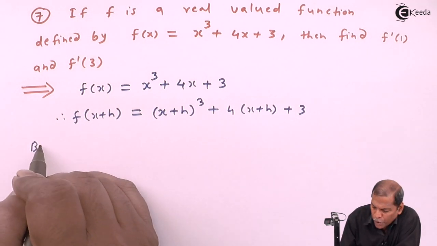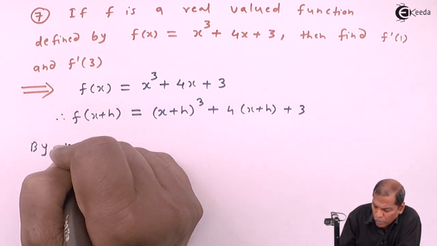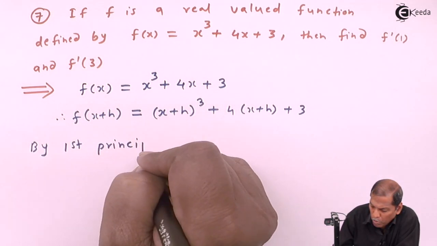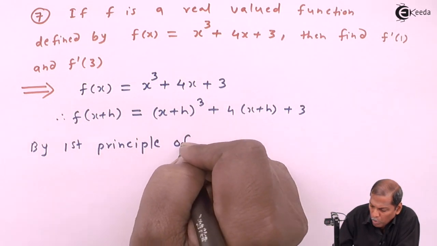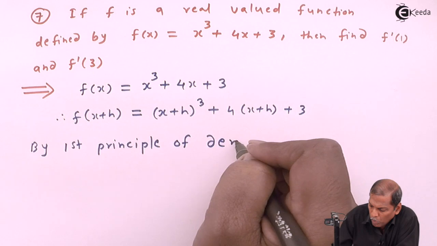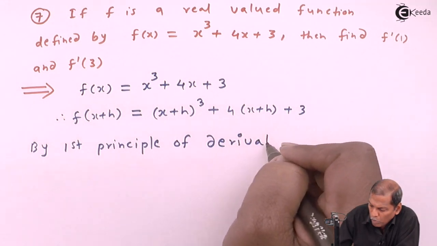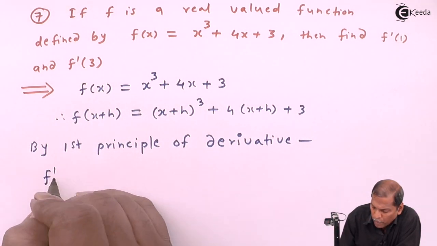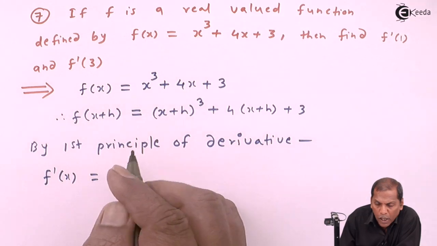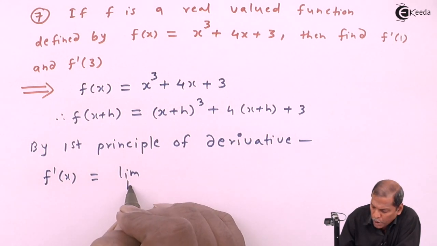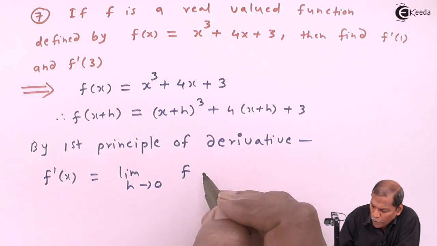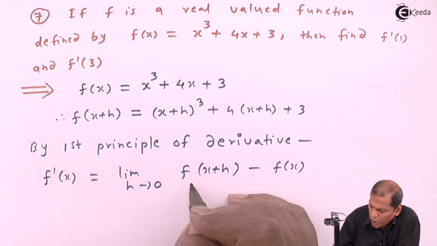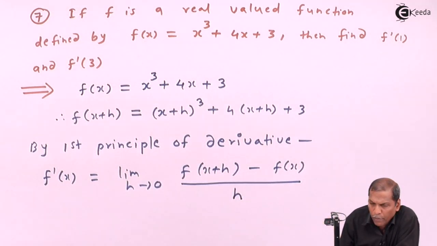Then by using first principle of derivative, we have the formula that f dash x is equal to limit h tends to 0 f of x plus h minus f of x, whole thing divided by h.